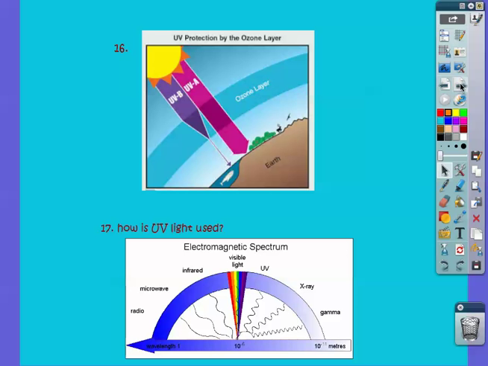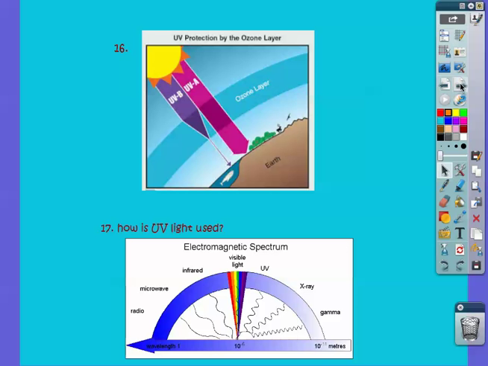So again, good and bad, these are going to be a big part of what causes you to get sunburn and skin cancer. So we protect ourselves by using sunscreen. If you check out your bottles of sunscreen, they'll typically tell you that they protect against both UVA and UVB waves, which are the two types of ultraviolet waves, with high and low frequency types.